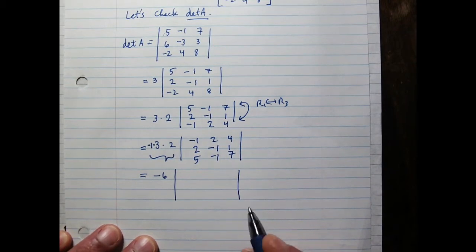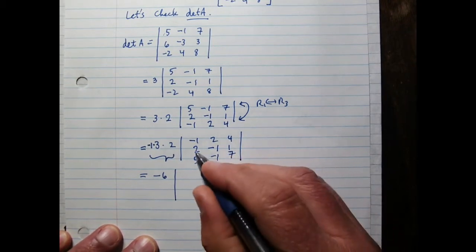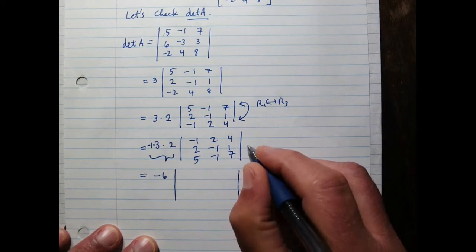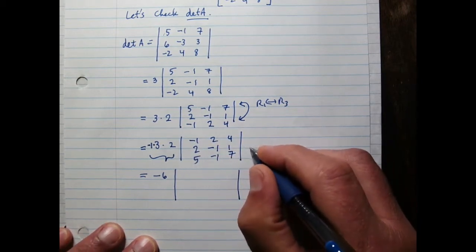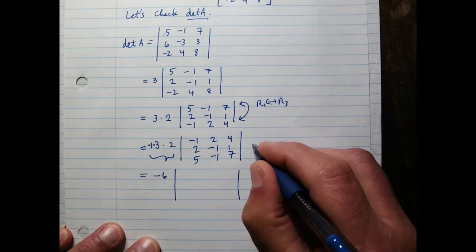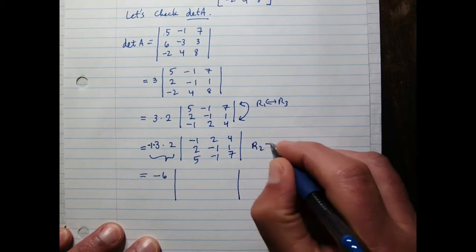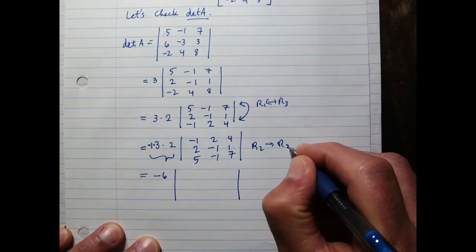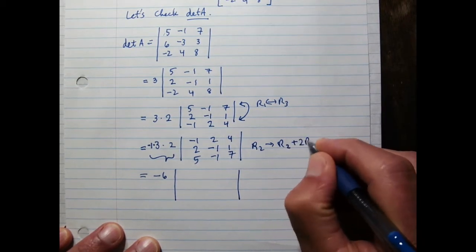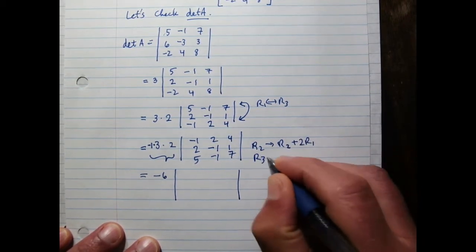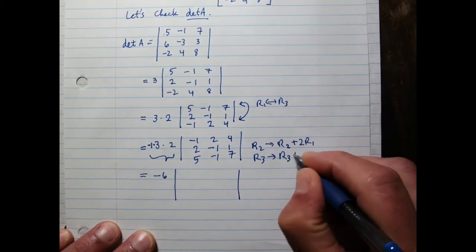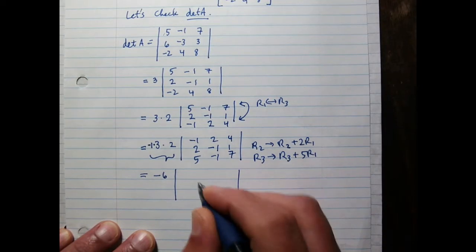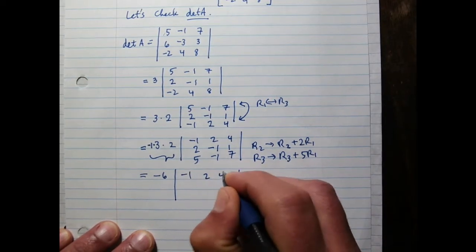And what I'm going to try to do is start putting this in echelon form. Now I've got that -1 up above. I'm not going to worry about it being 1. I'm just going to take row 2 and replace it with row 2 plus 2 times row 1. Row 3, I'm going to replace it with row 3 plus 5 times row 1. So leave that alone.